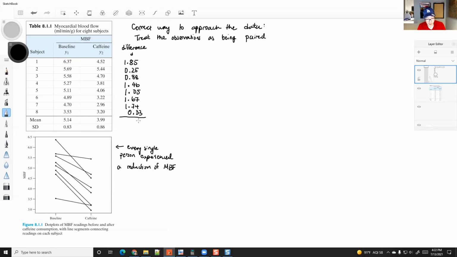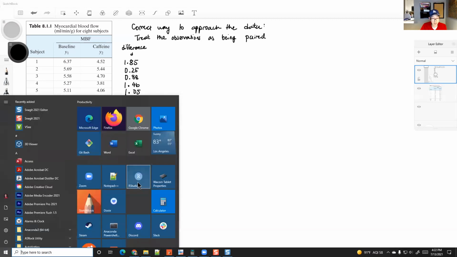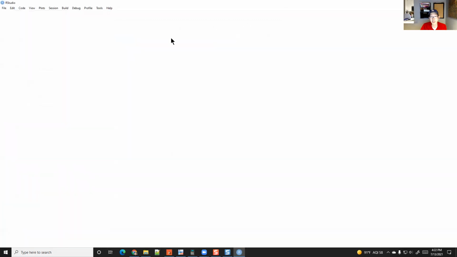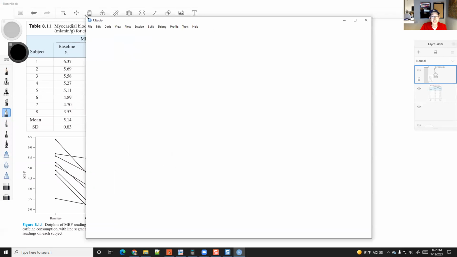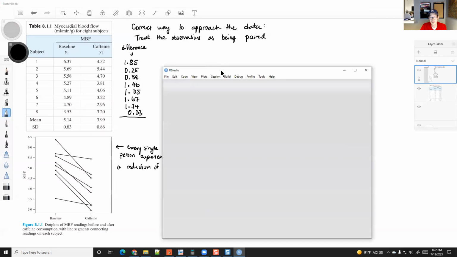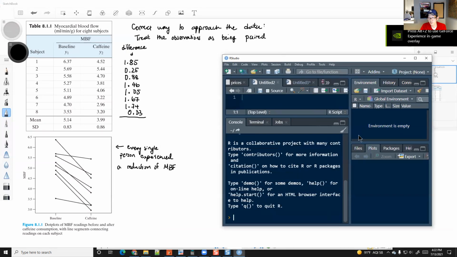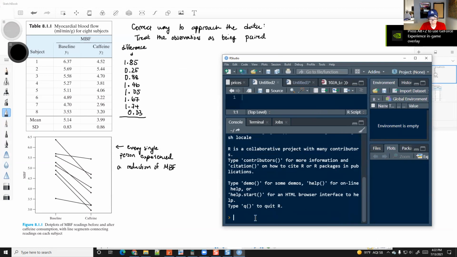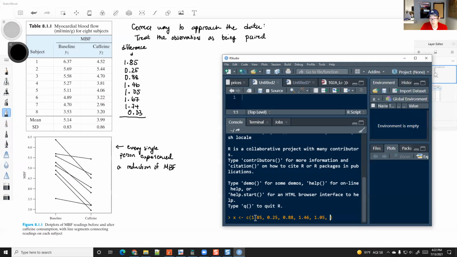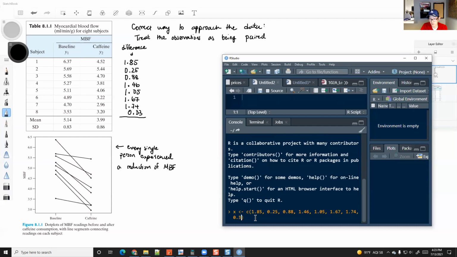I'm going to have to calculate the mean and standard deviation of these values. This is a little bit less fun here, but let's go ahead and do this. These values: 1.85, 0.25, 0.88, 1.6, 1.05, 1.67, 0.22.